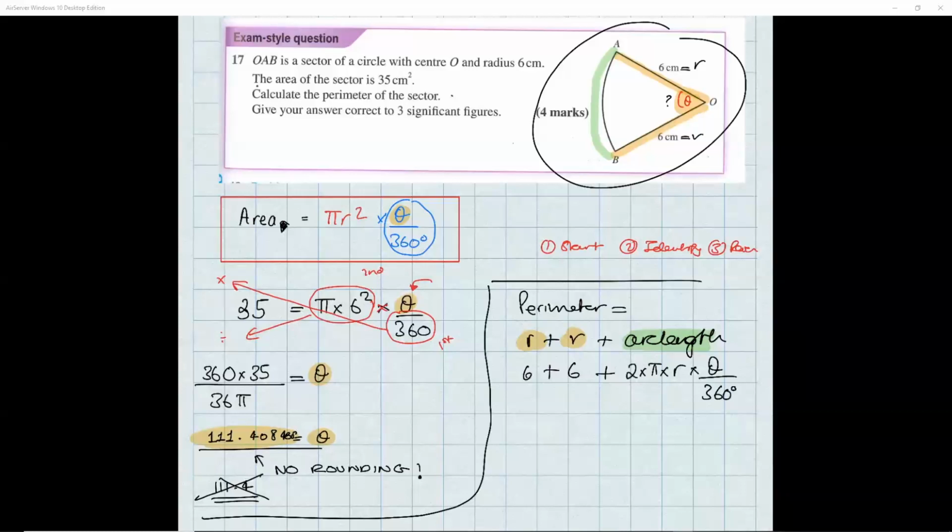Fantastic. 2 pi r is the circumference of a full circle. The theta over 360 is the fraction of the circle that we have in the top pizza slice. We only have theta's amount of the full circle. So let's start putting some numbers in.